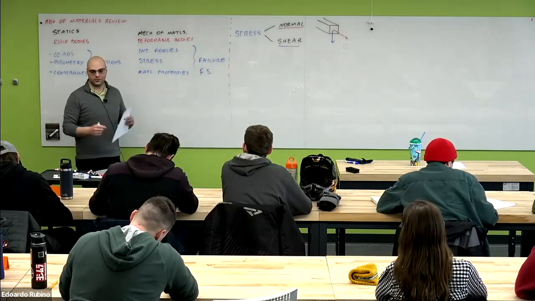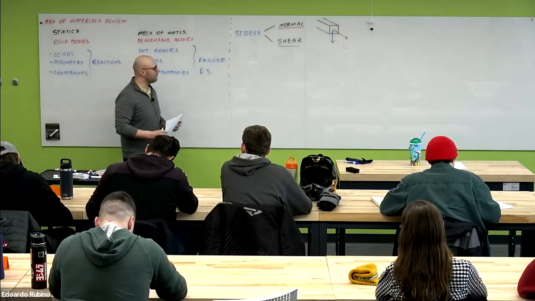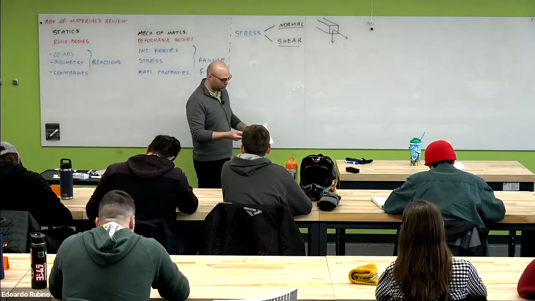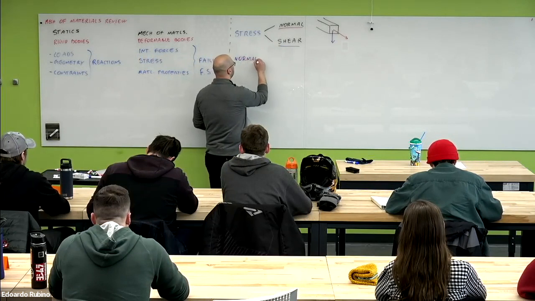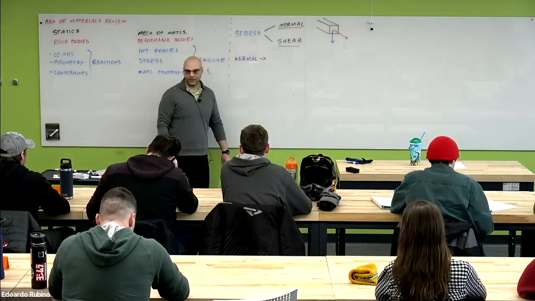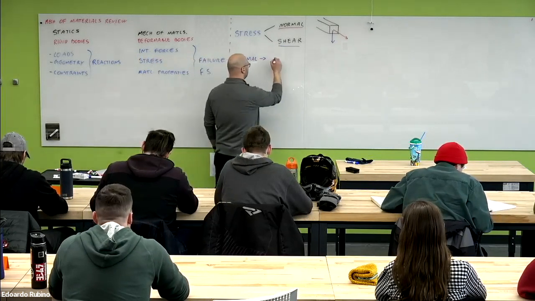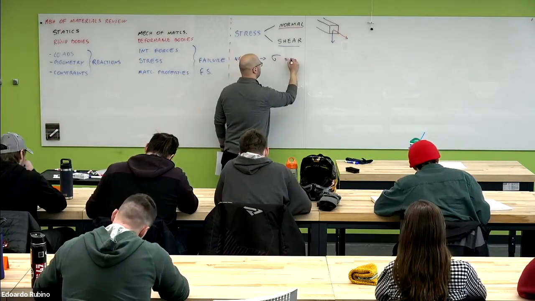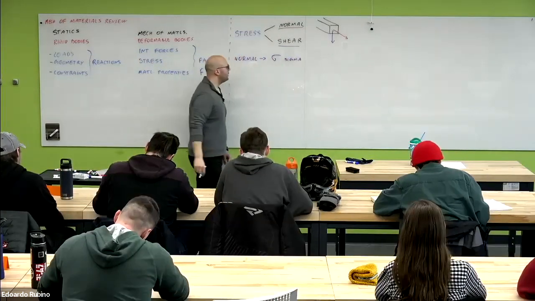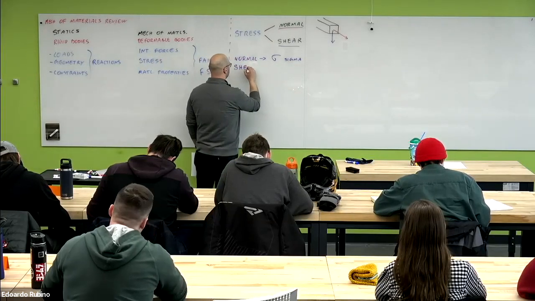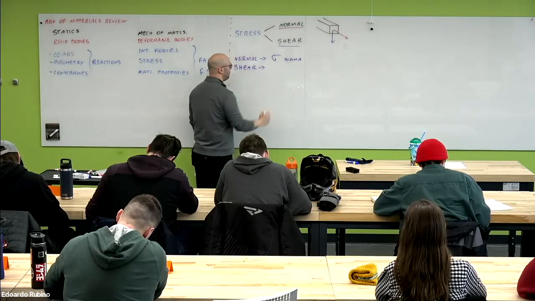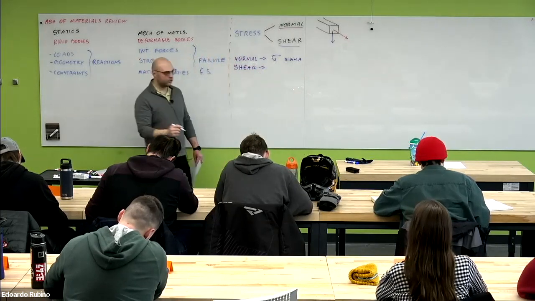So typically, just to have a little bit of convention, we indicate the normal stress with the Greek letter sigma. And we indicate the shear stress with the other Greek letter tau.